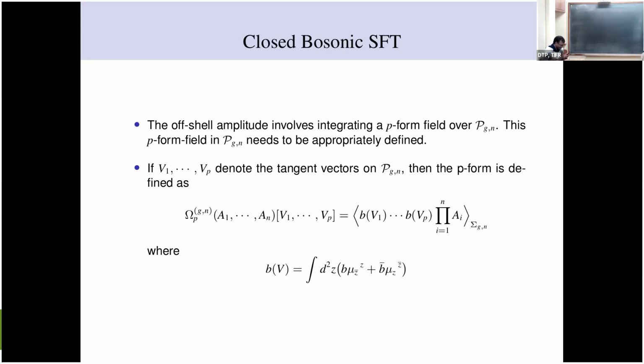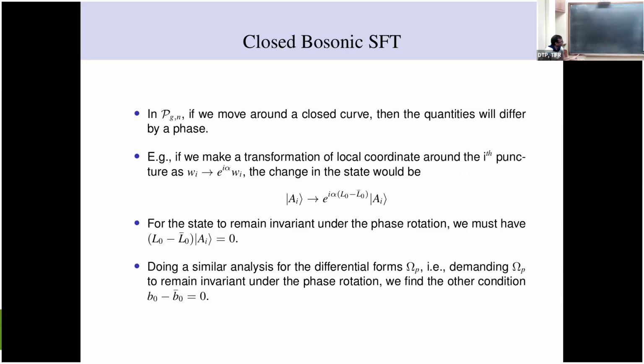You are saying due to modular invariance, there will be some additional constraint. Tau goes to minus 1 over tau requires what invariance? Okay, that you're giving up. But you're keeping the invariance under tau goes to tau plus 1. That's effectively when you say L0 minus L0 bar is 0.